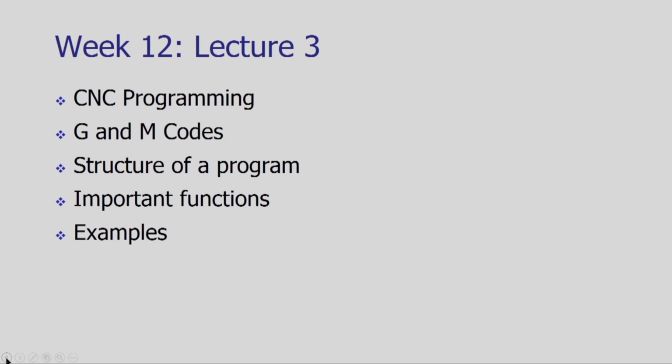There are various important functions such as scan cycles, tool length compensation, and tool radius compensation. These will be studied in lecture 3. At the end of the lecture, we will solve certain problems and write the programs for typical examples.